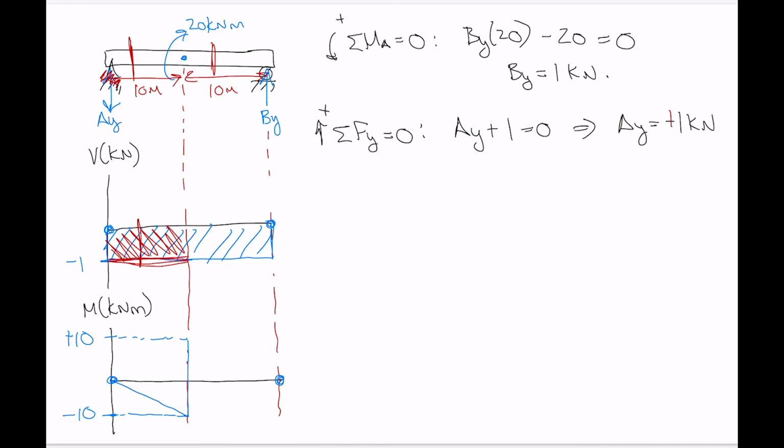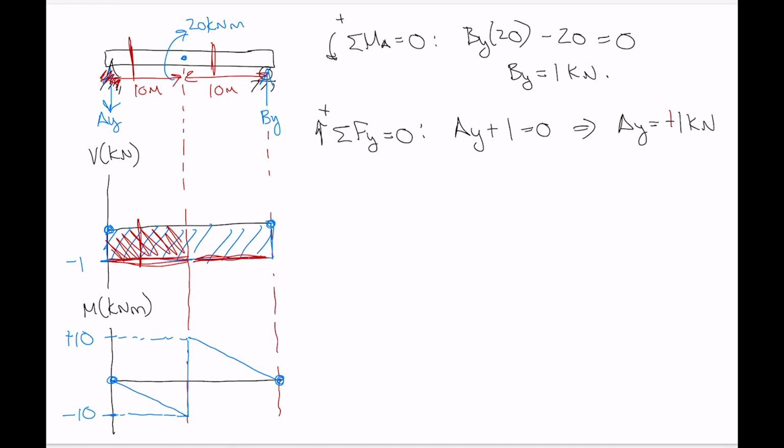Now, again, we're in the next section here, so we look at the value of shear, and that gives us the slope of the moment. So the value of shear is still a constant -1, so we have a linear line with negative slope, and we know we have to get back to 0, so we can connect those two. Let's check that. Do we get back to 0?